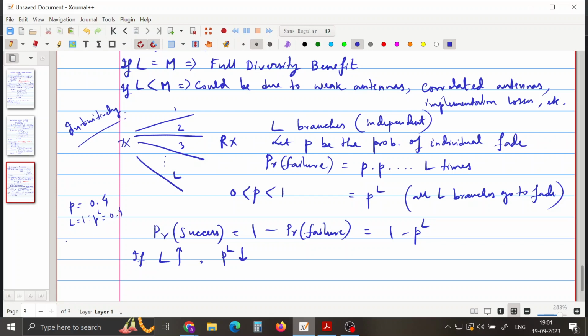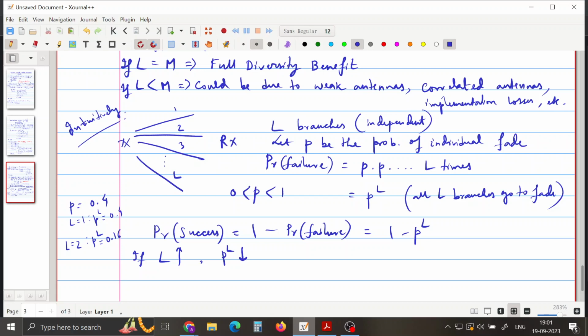Now if you increase L from 1 to 2, then it is 0.4 squared, which is 0.16. So there is a decrease in the value of p to the power L.